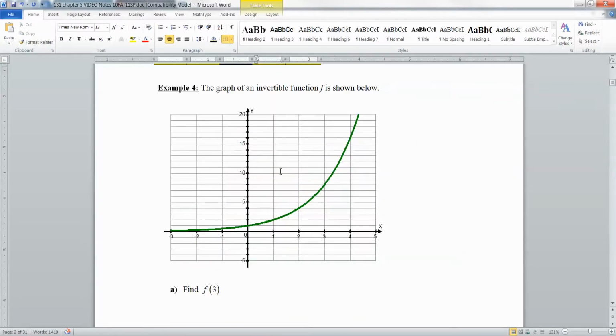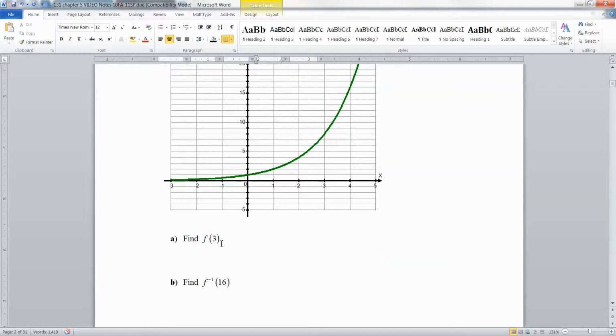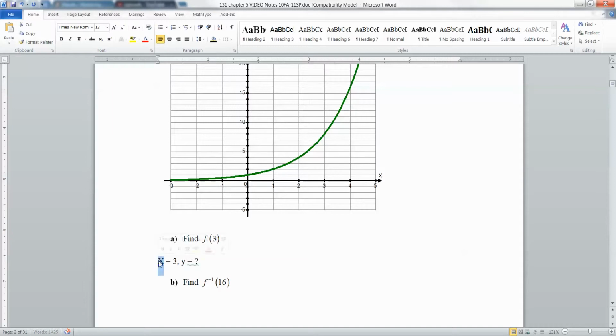Okay, so this is the graph of f. Now you don't have a table on this one, so you're going to have a little bit more work here. So you've got your graph of f, and you're supposed to find f of 3. Okay, so that means that x is 3, and you're supposed to find y. That's the function notation that we learned in section 1.6.